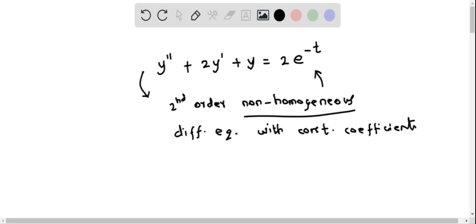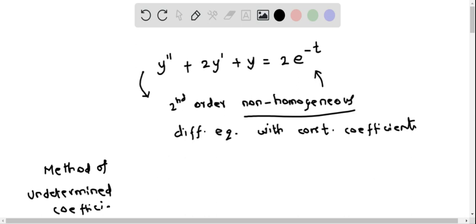In this method, that is the method of undetermined coefficients, we say that the general solution can be written as y general equals yh plus yp, where yh is the homogeneous solution and yp represents the particular solution.